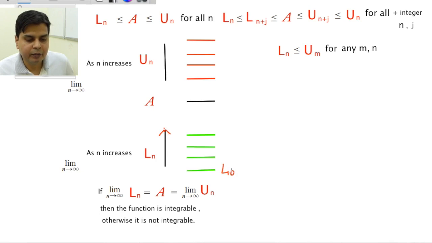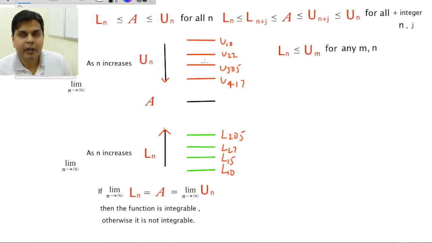My L10 will be here, my L15 will be here, L27 will be here, L205 will be here. Similarly, as n increases, these Un's will go on decreasing. So my U10 will be here, U22 will be here, U305 will be here, then U417 will be here. So as you go on increasing n, the U's will go on decreasing.